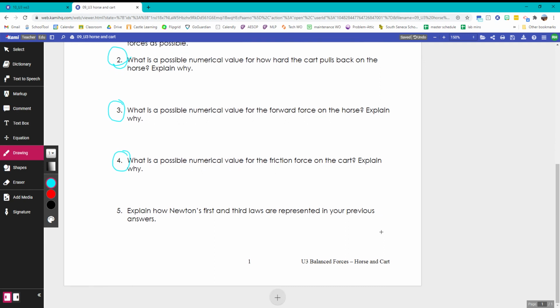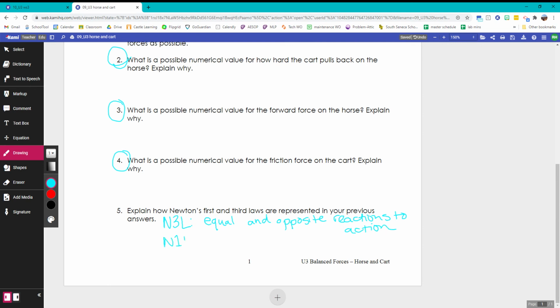And Newton's third law pairs, that you have equal and opposite reactions to actions. So when the horse pulls on the cart, the cart pulls back.